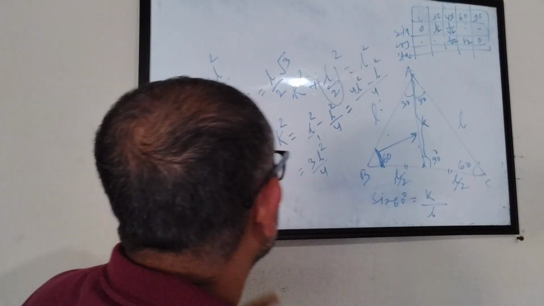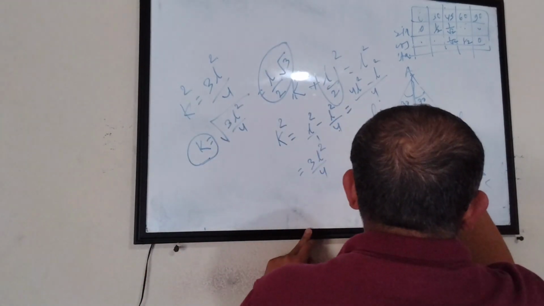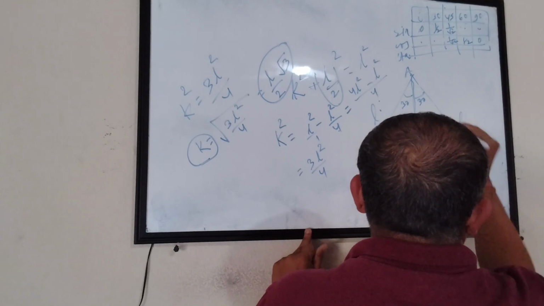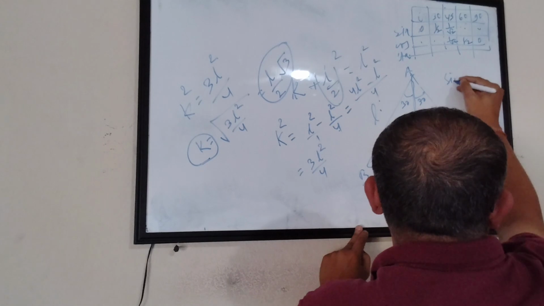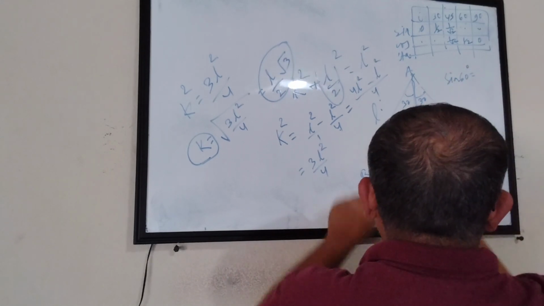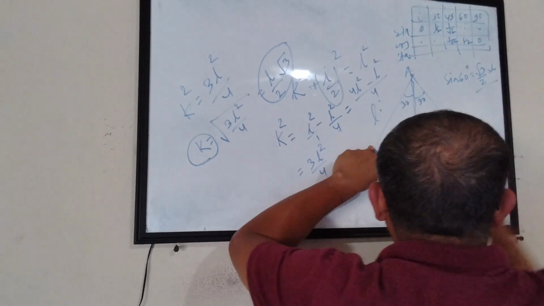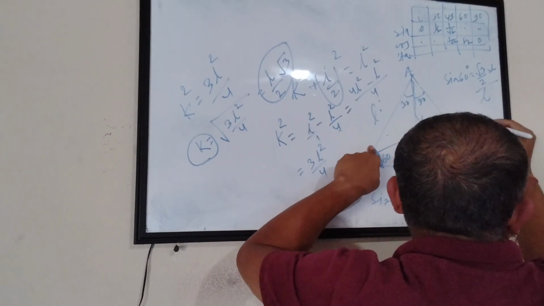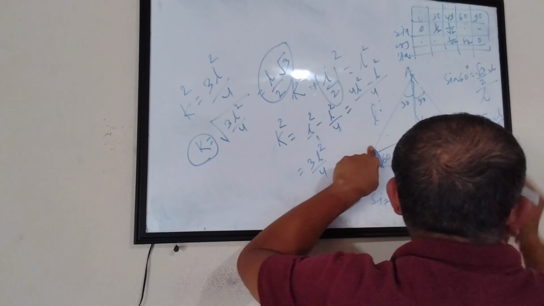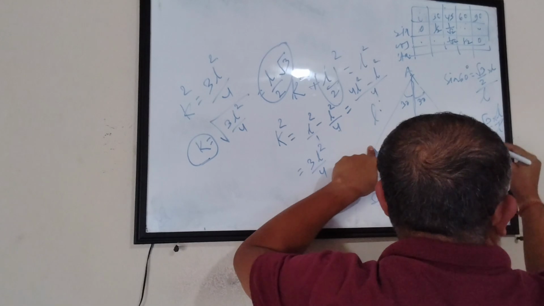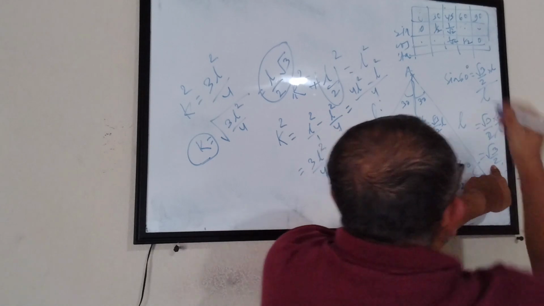So the value of K is root 3 by 2 L. This is my length, root 3 by 2 L. So sine 60 will be the side opposite to this, root 3 by 2 into L, divided by L. Cancel, and what you have is root 3 by 2. So sine 60 degree became root 3 by 2. That's what you will put here.